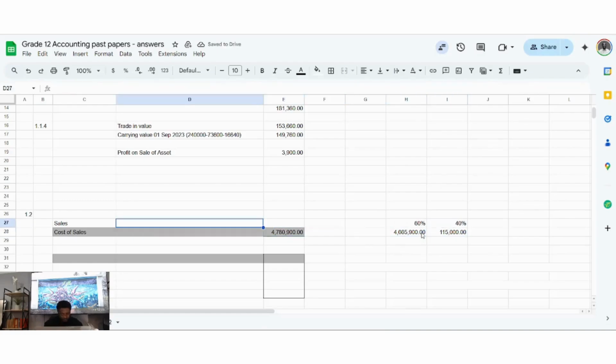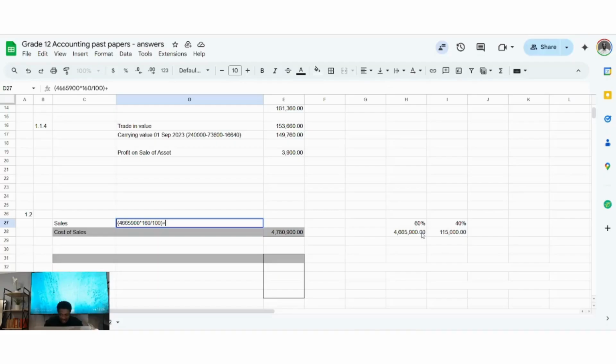Okay, and so what we're going to do for our calculation, we're going to say 4,665,900, and then we're going to apply a markup of 60% on cost. So I'm going to say multiplied by 160 over 100.